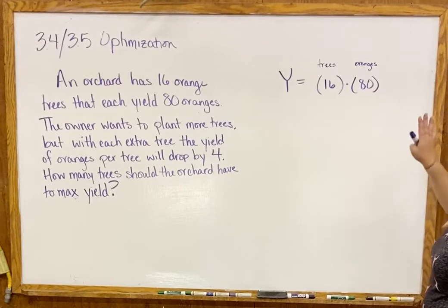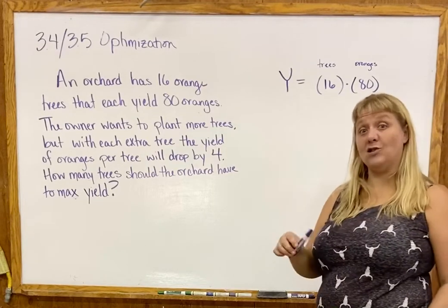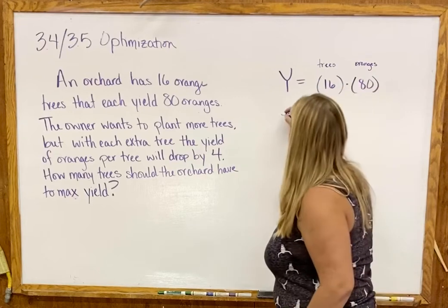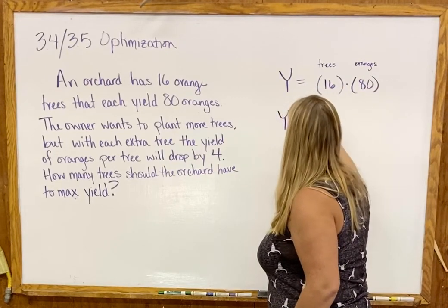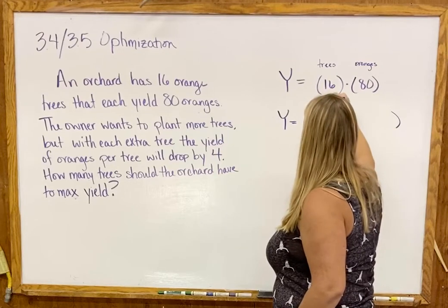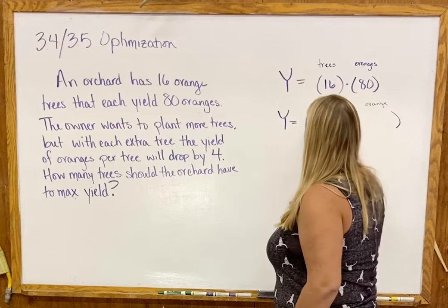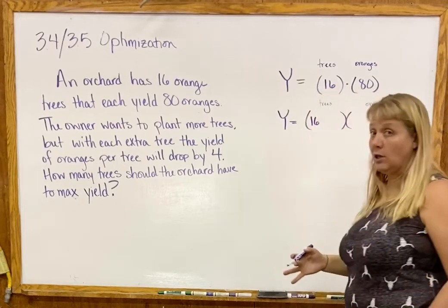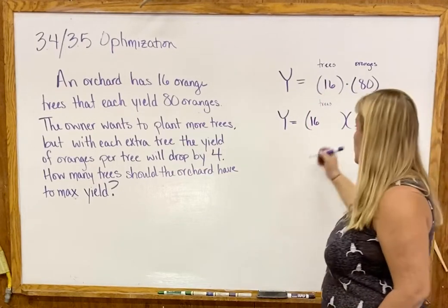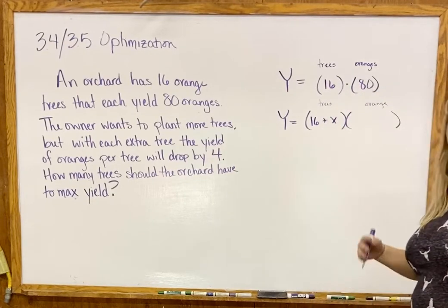We're not necessarily interested in that yield, because we're going to start adding trees to the orchard. So we're going to rewrite our formula, but I'm going to make my parentheses a little bit bigger. This is still trees, this is still oranges. Now we know that there are 16 trees for sure, but we're going to start adding trees, and we don't know how many, so we're going to say plus x trees.